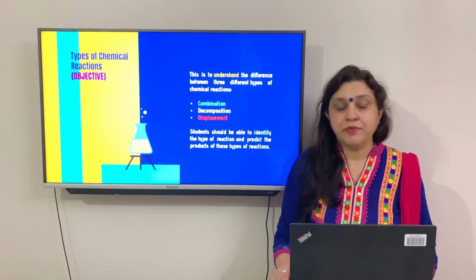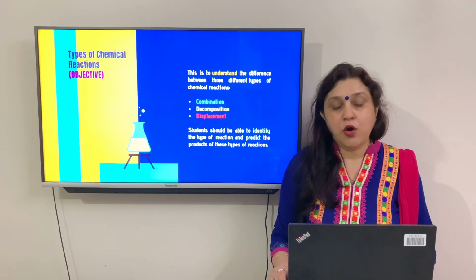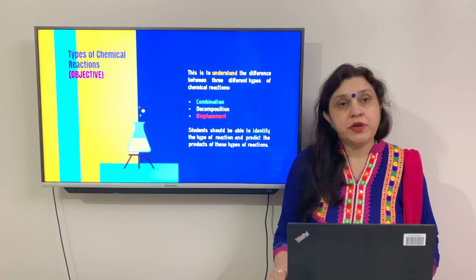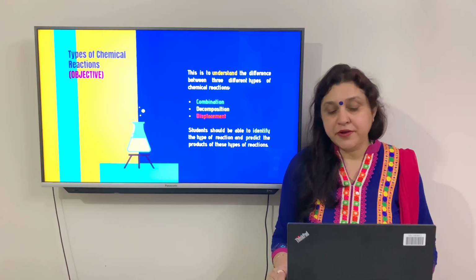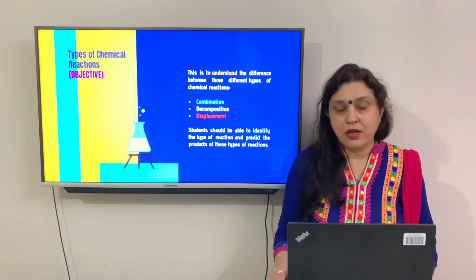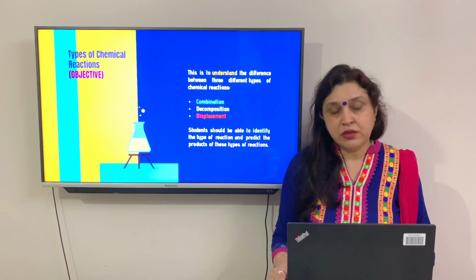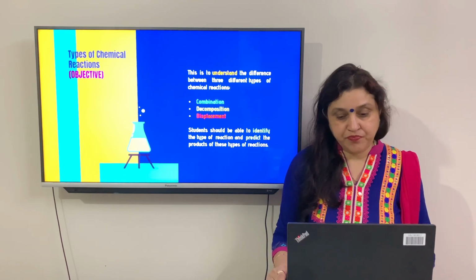Now the second subtopic is types of chemical reactions, and the objectives are, students will be able to understand the difference between different types of chemical reactions like combination reaction, decomposition reaction and displacement reaction.